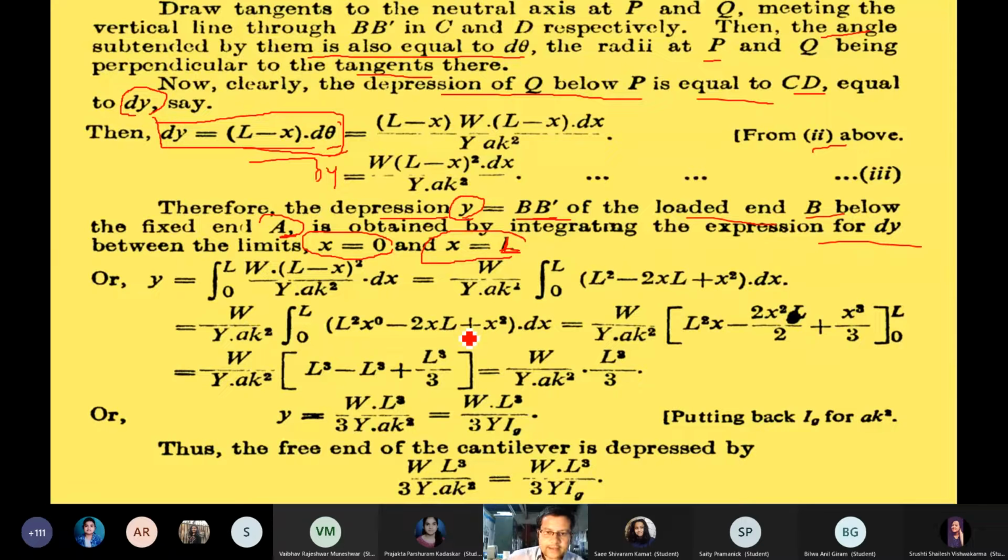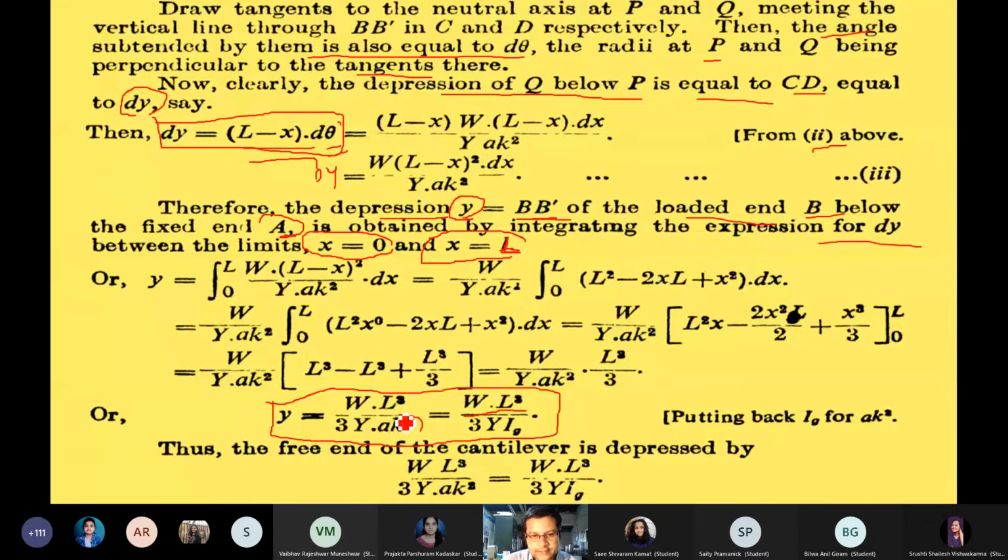Putting in the upper and lower limits, you get the value in terms of capital L, which comes out to be WL cube divided by 3 Y Ig.